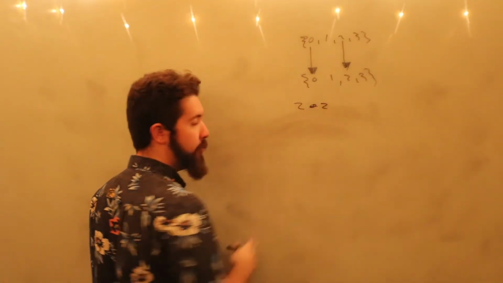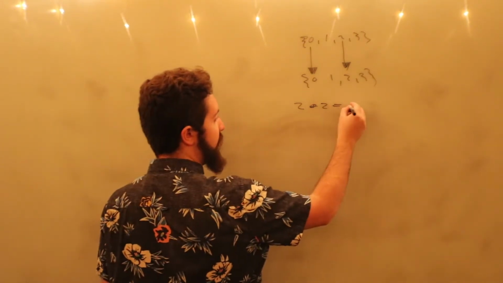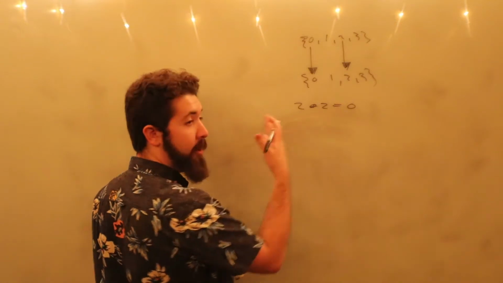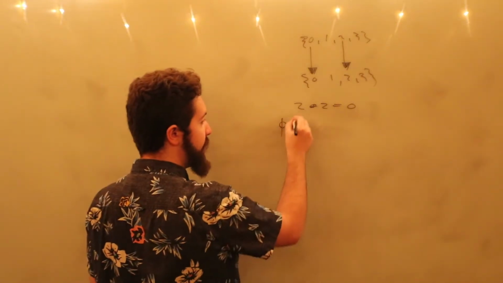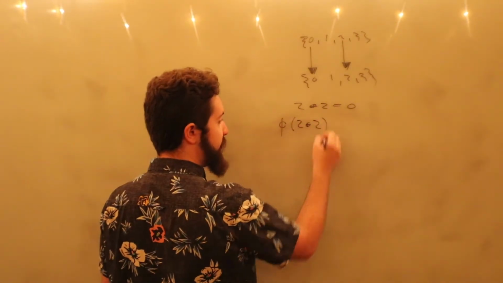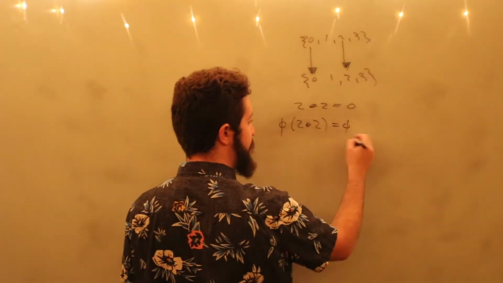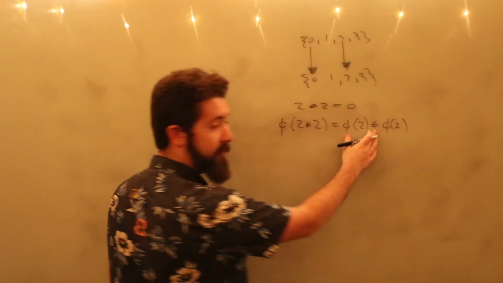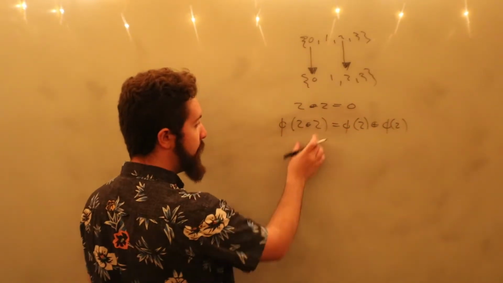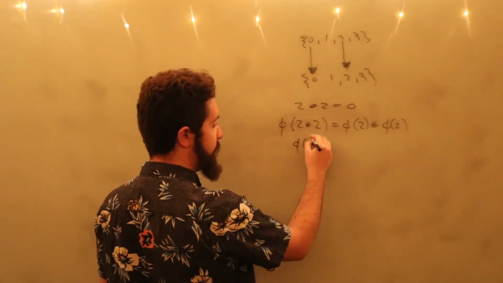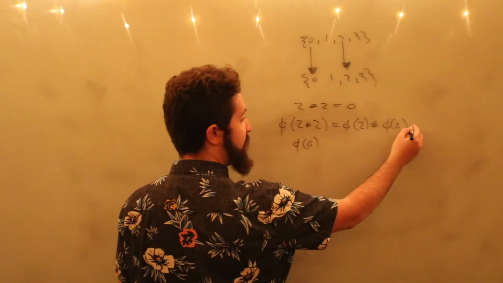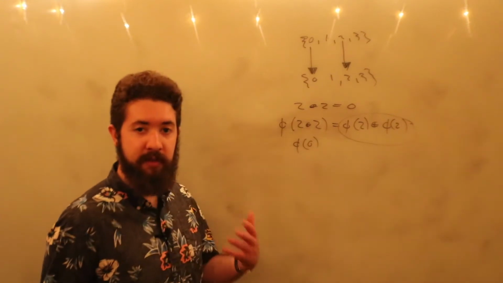2 plus 2 mod 4 has to be 0, of course. So that means that any automorphism, we'll call it phi, being operation preserving, this must be equal to phi of 2 plus mod 4 phi of 2. But we know that this is the identity, right? And we know that the identity is fixed, so that this must also be equal to 0.